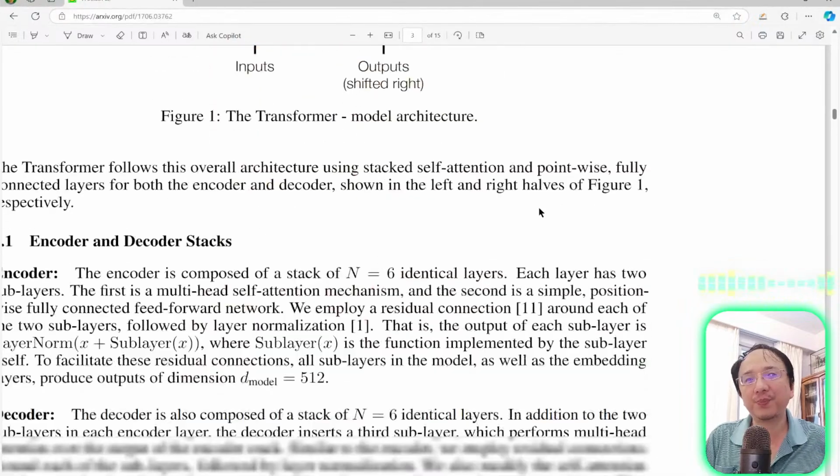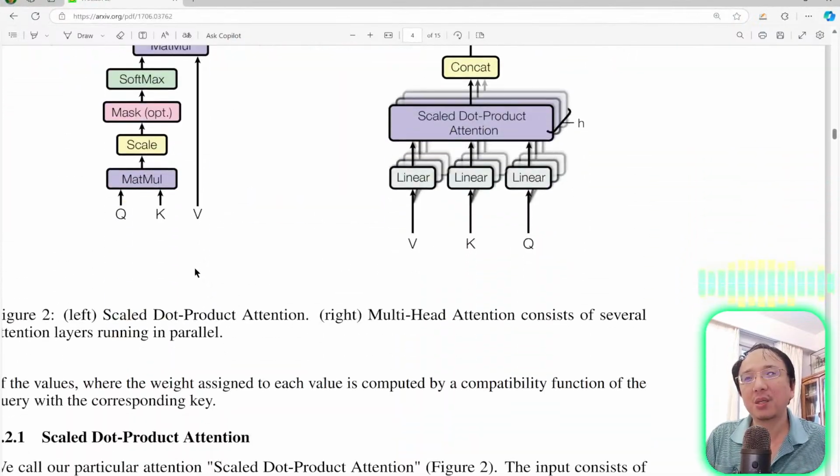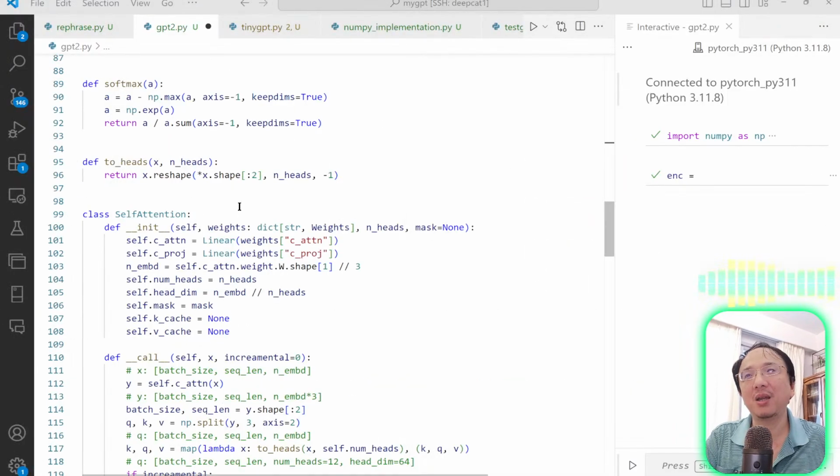In principle, we want a linear projection for Q, one for K, and one for V from each vector. However, because all of them are linear, it is easier to do a single linear projection to 3 times the dimension and then split the vector. So we do this kind of thing a lot. This two-heads function does a similar thing: we split one vector into different vectors.